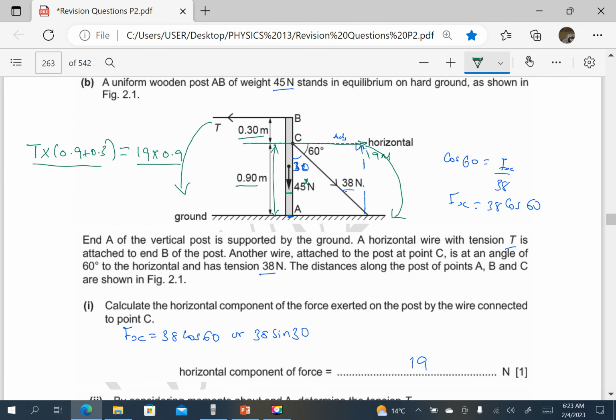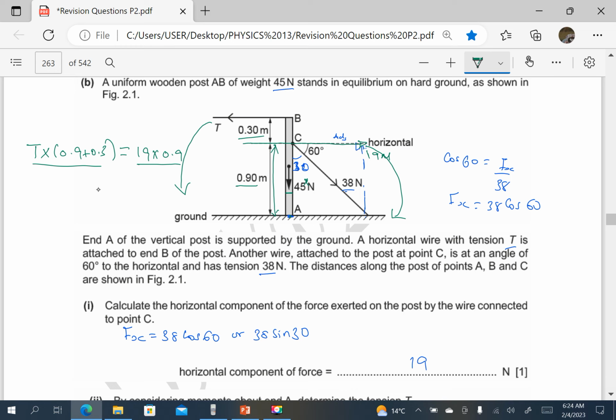Vertical component. So first of all, the 38 newtons has a vertical component which is downwards. So when we resolve 38 downwards, it will have a vertical component downwards. If the horizontal component is 38 cos 60, then the vertical component will be 38 sin 60, and that will be downwards.